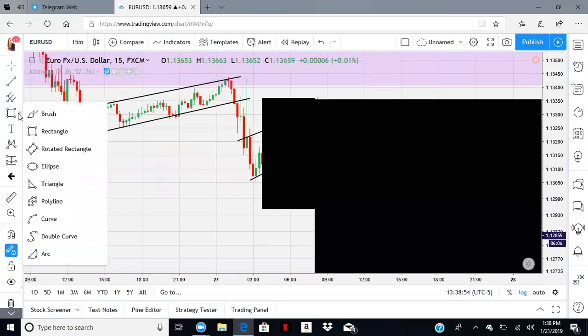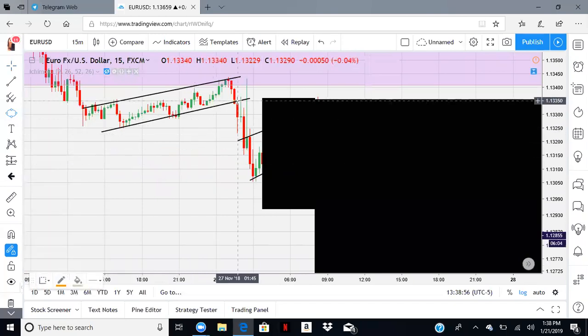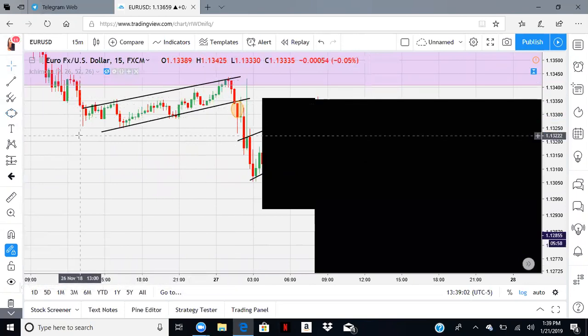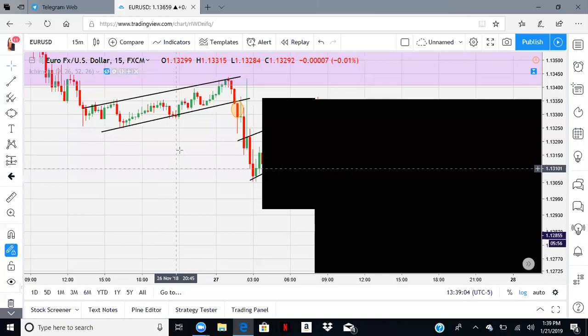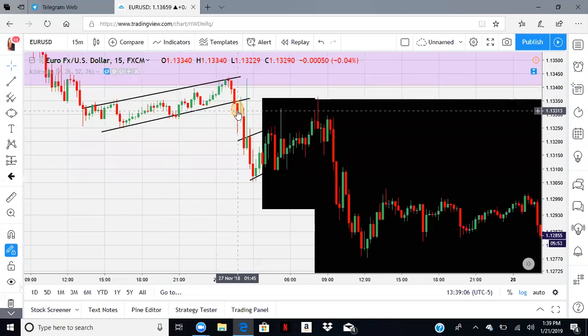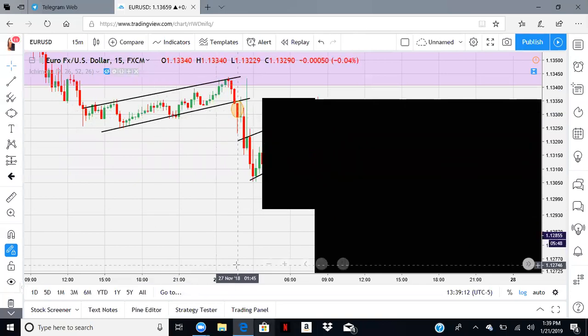This candle here was our breakout candle. Does that make sense? It finally broke out. And it's kind of like telling us, okay, we want to continue down. Consolidation like this is a continuation pattern.